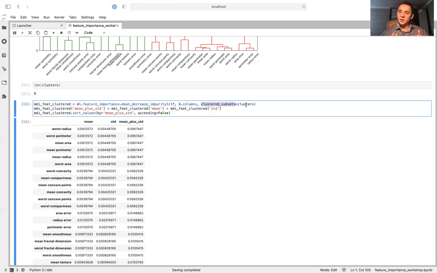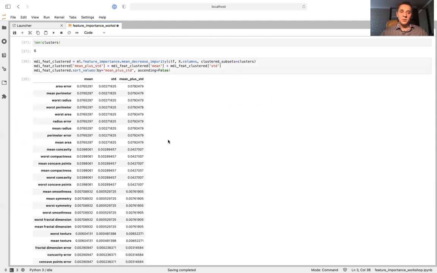So if you would like to use clustered feature importance, just use mean decrease impurity or mean decrease accuracy with clustered subsets equal to clusters. Now let's take a look at your clusters. What you can see here is that the shape of our feature importance data frame has changed.